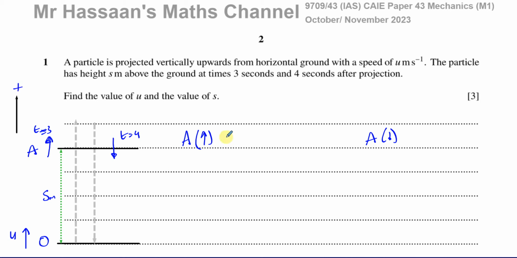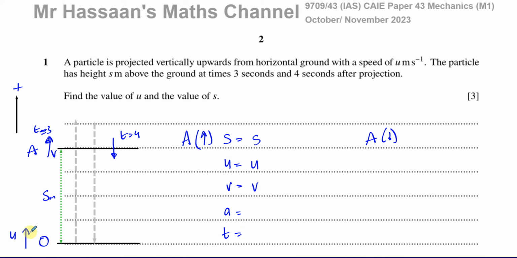So when I put my values for SUVAT, S stands for the displacement, which we've called S. U is the initial velocity, which we've called U. V, we don't know what it is, but on the way up, it's going upwards, so we're going to call it V. We don't actually need it in the question, but just to fill in the values.